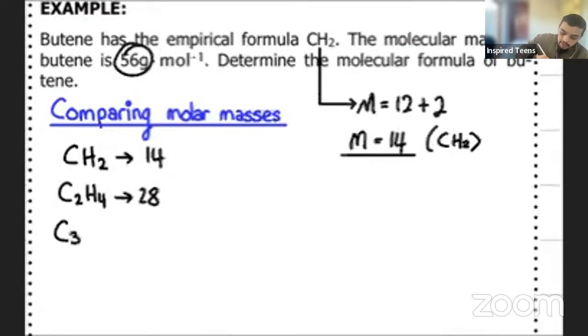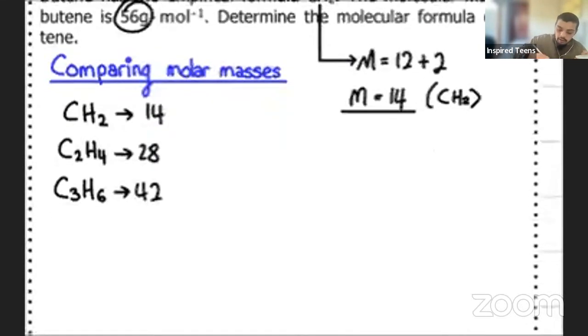Now we have C3H6. This would have to add 14, so 14 plus 14 plus 14. This would have to be 42. Then we have C4H8, and this would add another 14. This would have to be 56.